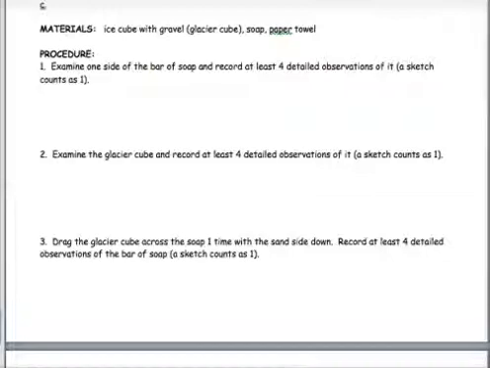And number 2, examine the glacier cube and record at least 4 detailed observations of it. So do the same thing there. Right now I'm going to hold up the soap and the glacier cube, and you're going to have to pause it because I'm trying to make the video a little bit quicker. So please pause it if you need to write down these 4 things. But I'll hold them up and you can see what they are.